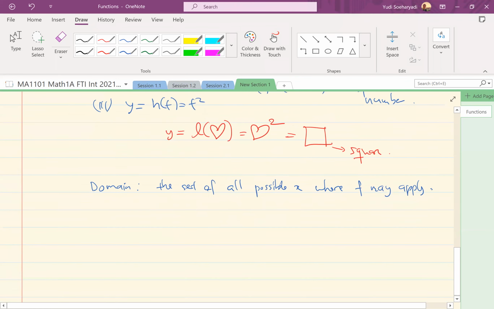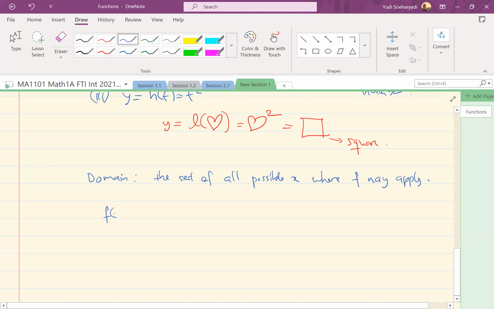Okay, for example, if we square, well, we're talking about numbers, so as far as squaring goes, every number can be squared. Then the domain of f is all real numbers.